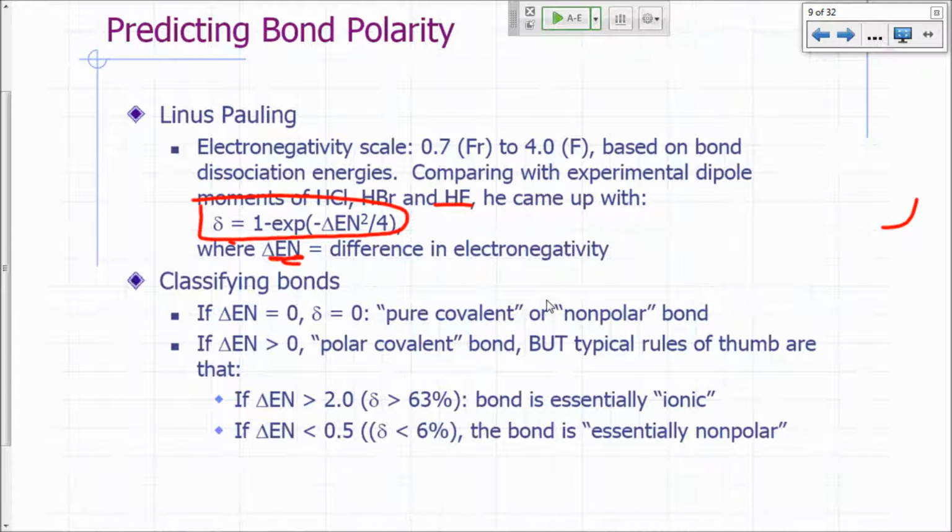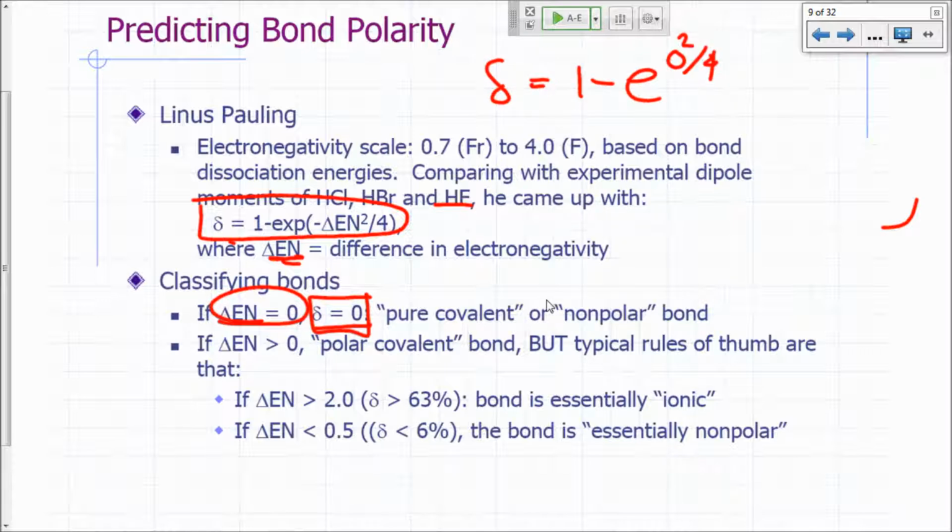You can classify bonds as polar or nonpolar depending on the difference in their electronegativities. If the electronegativities are the same, so the difference in electronegativity is 0, then you have what's called a pure covalent or nonpolar bond. Your ionic character is 0. Why is that? It would be 1 minus e to the 0 squared over 4, right?